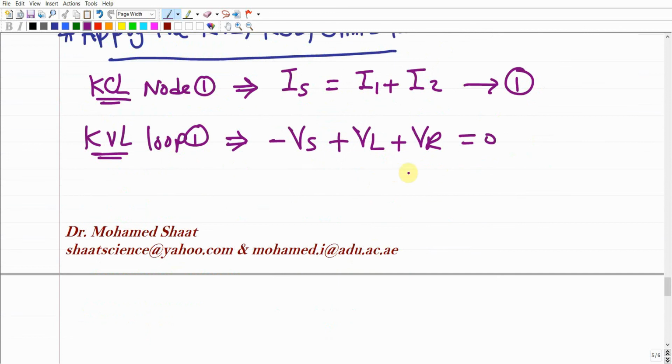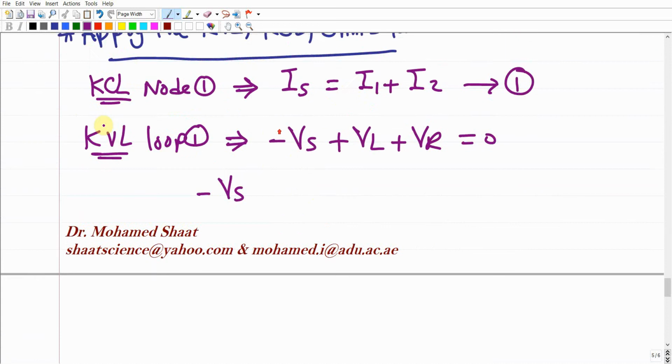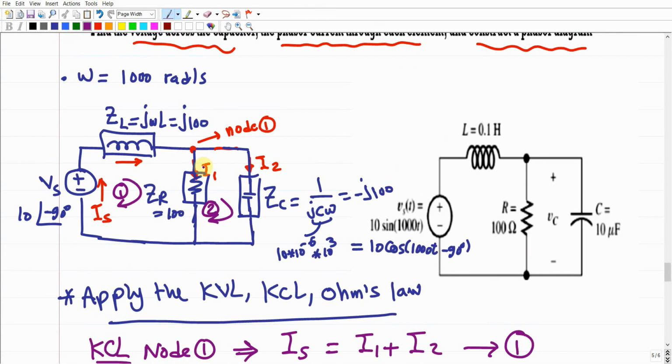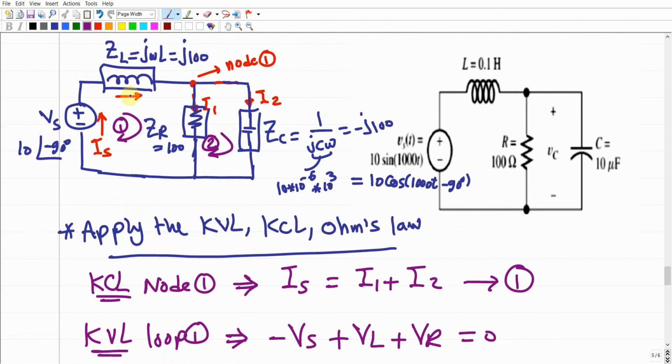How much are VL and VR? Just keep VS in the symbol form as it is, and don't substitute anything except VL and VR. How much are VL and VR for this electrical circuit? VL should equal IS times the impedance, which is J100, but don't substitute the values, just use ZL and work in the simple form.